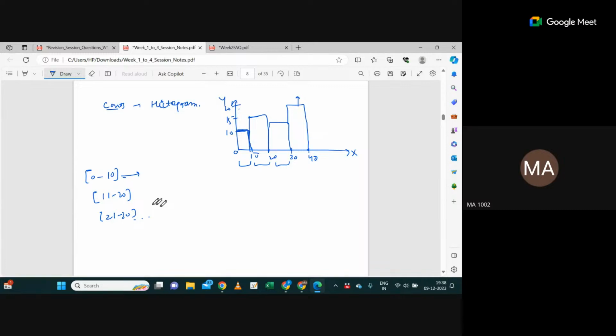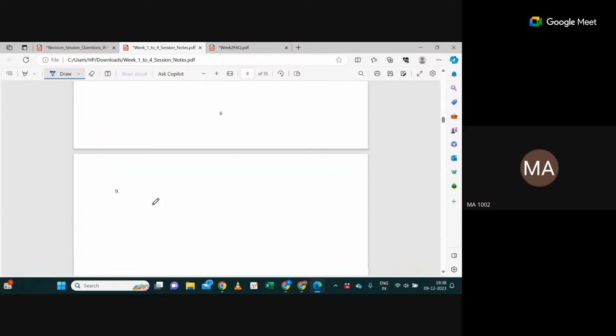So what is the form of the stem and leaf plot? There are two separate parts. It's a kind of diagram in which each observation is separated into two parts.